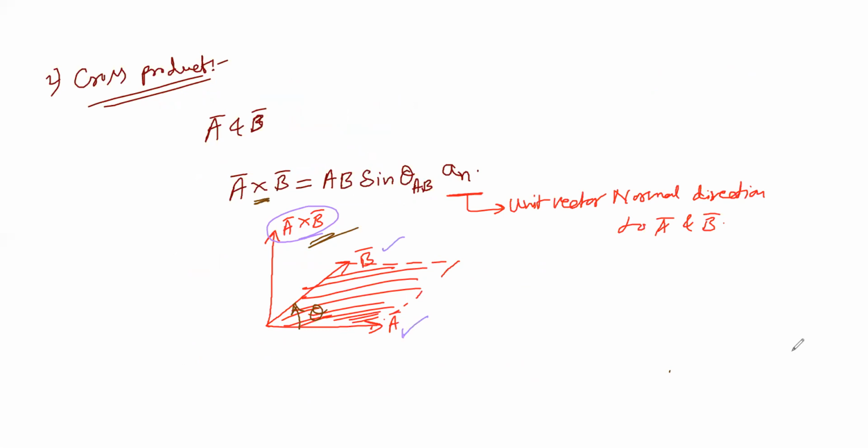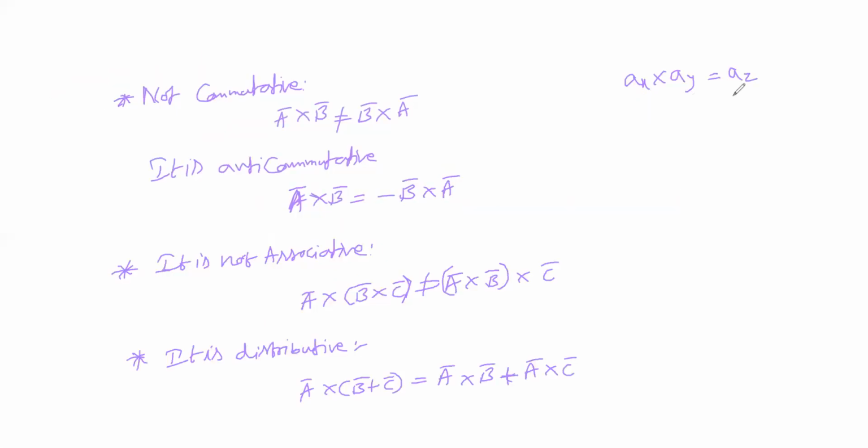That is the resultant we got in terms of unit vectors: AX cross AY equal to AZ. In the same manner, AY cross AZ equals AX, AZ cross AX equals AY. This is how the unit vectors are represented.